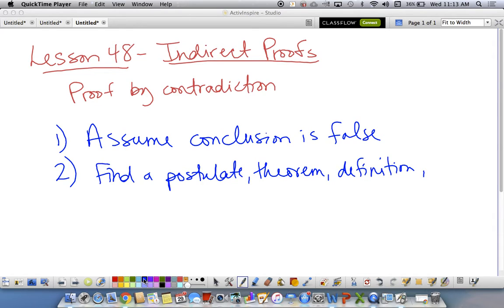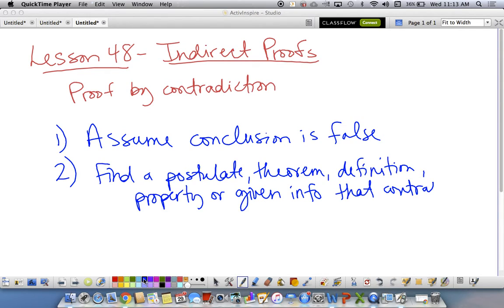Could it just be the given information? Yes. We're going to find something that contradicts our assumption.